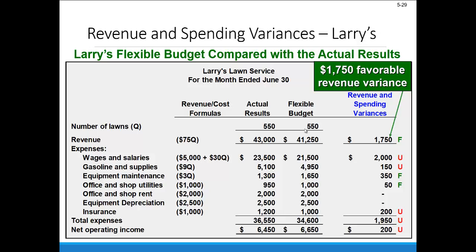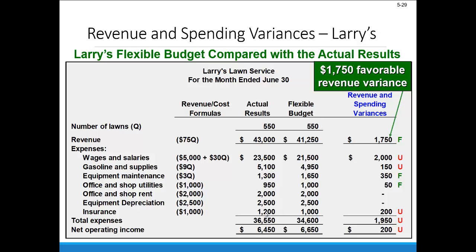So this has to be related to strictly how much we bill customers on a per lawn basis in a lot of cases, right? For Larry, he had expected to bill $75. Maybe there was less competition in the market. He was able to charge a little bit more. Maybe he charged new customers more only and was able to take on some new customers this month as part of that 550 total lawns mowed. We don't know, but the point is it's driven by something other than this change in activity between our expected number of lawns and our actual number of lawns.